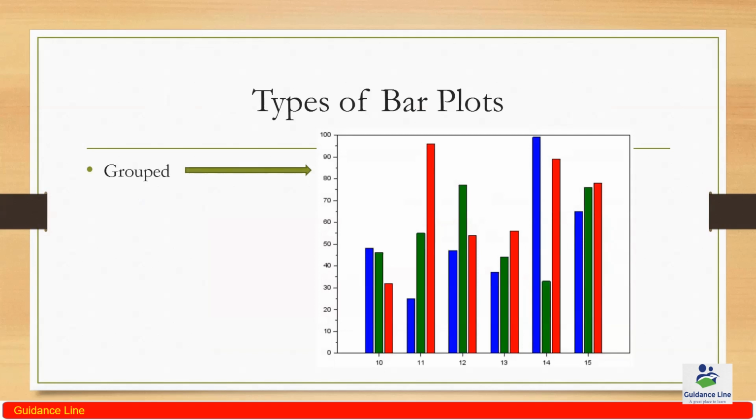In the grouped plot, as you can see, we have individual bars for each mark for a specific identifier. So roll number 10 has marks in math, science and arts, and we have a representation like this.